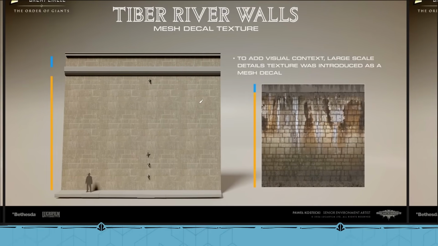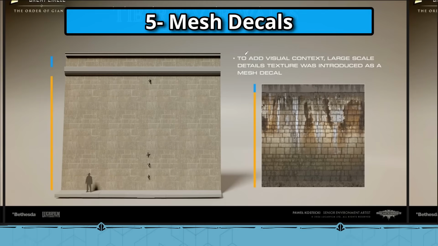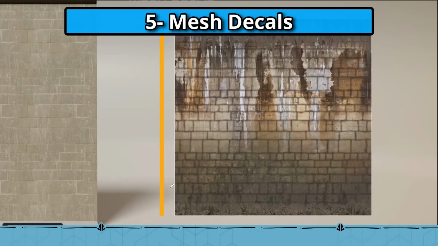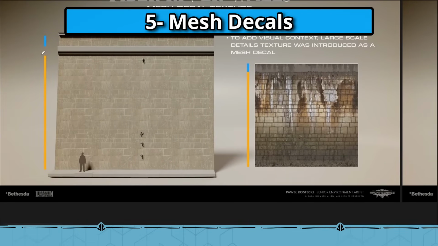So here we have the fifth technique, which is the mesh decal texture. To add visual context, a large-scale details texture was introduced as a mesh decal. So let's take a look here. Again, it's very clearly explained.